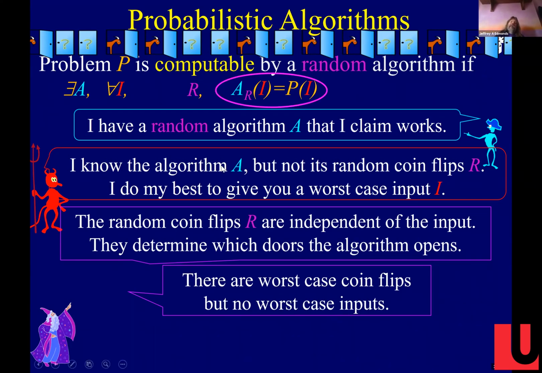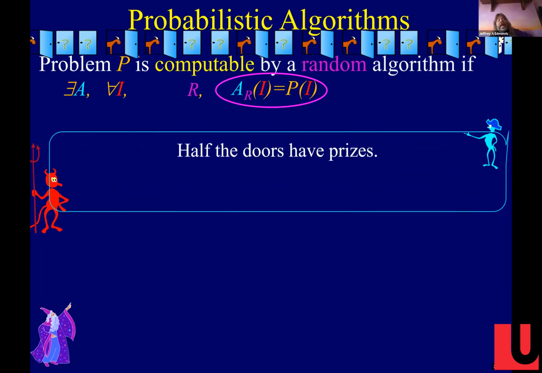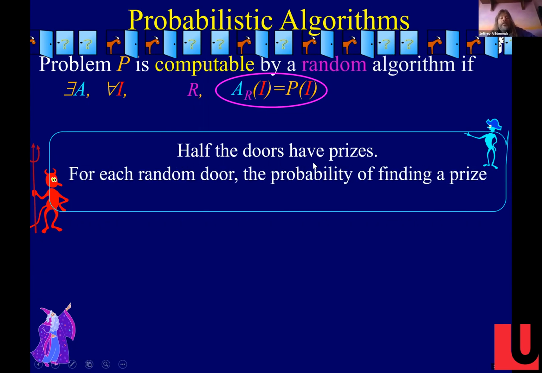All right. So then after we get the coin flips, we ask, did we find a goat or did we find a prize or not? Right. So let's analyze how the probability works. Half the doors have prizes, right? So if you look at a random door, the probability of finding a prize is what?